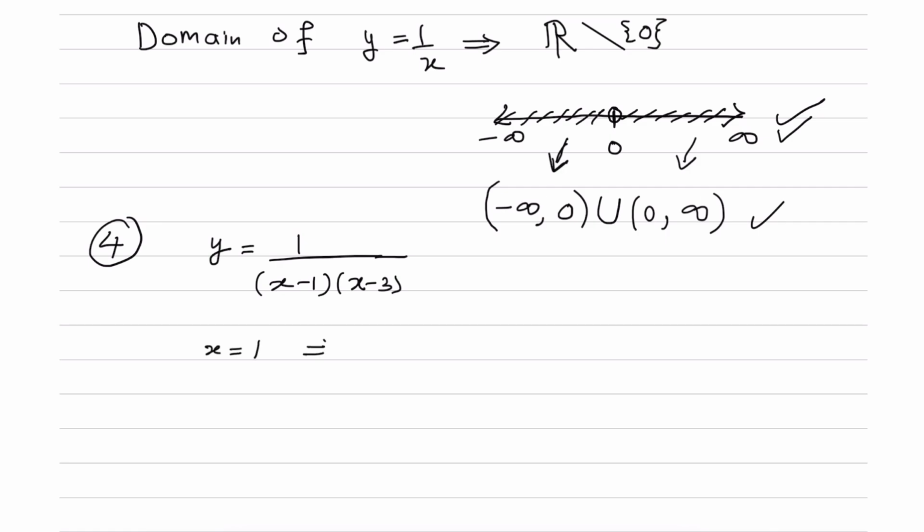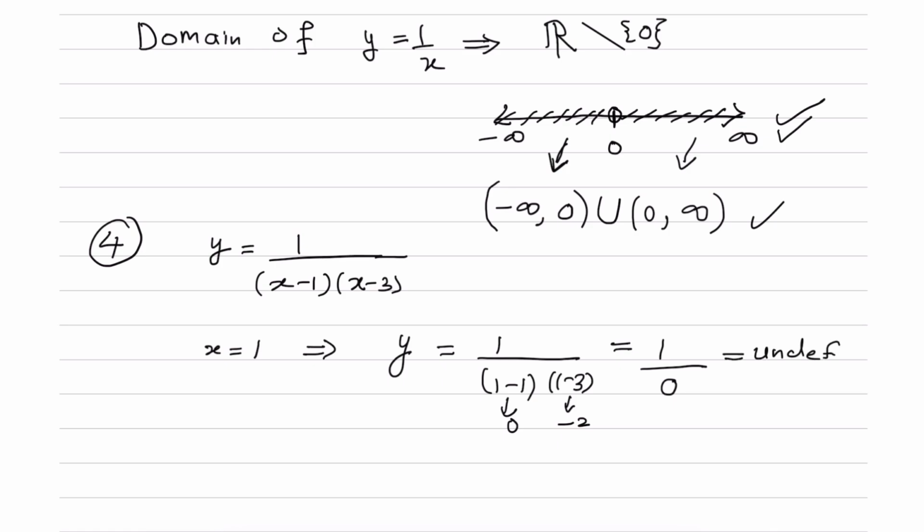See what happens when we plug it in. We get 1 over (1 minus 1)(1 minus 3). This gives us 0, this gives us minus 2, so we get 0. So 1 over 0 is undefined; by plugging in 1 we got y as undefined.